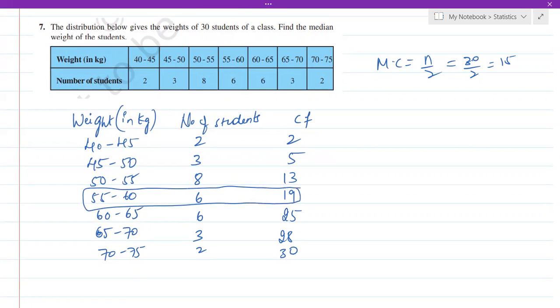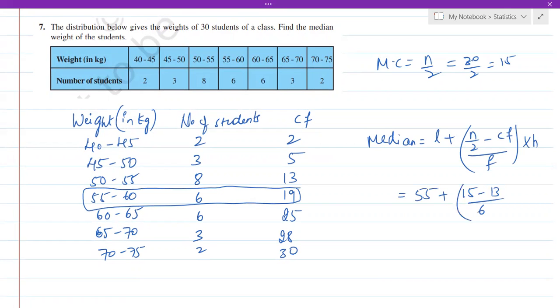Now let's find the median. Median is equal to L plus n by 2 minus CF by F into H. What is the value of L here? It is 55. N by 2 is 15 minus CF is 13 by F is 6 into H is 5. 55 as it is, 15 minus 13 is 2, 2 by 6 into 5.